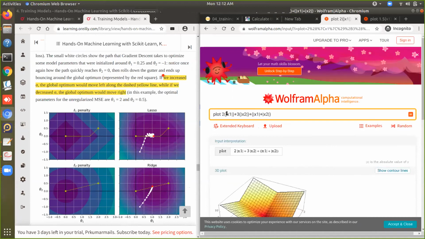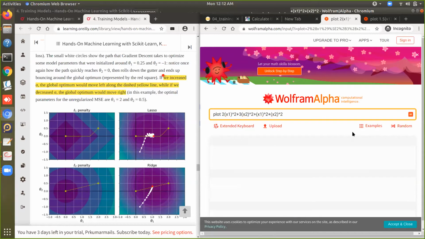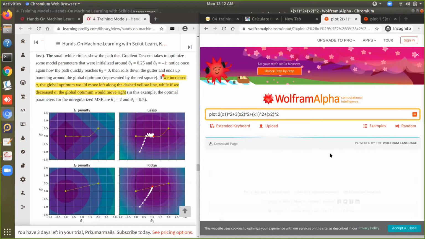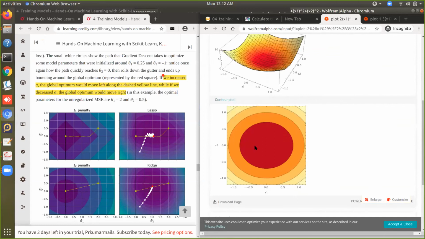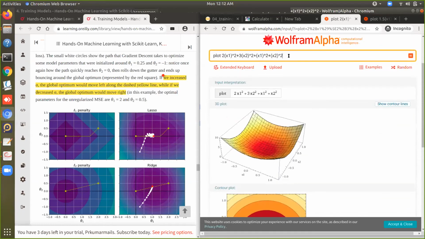Similarly, if we add in the x1 square, x2 square, then if you see them, it will be somewhat lesser compared to the normal x1 square.